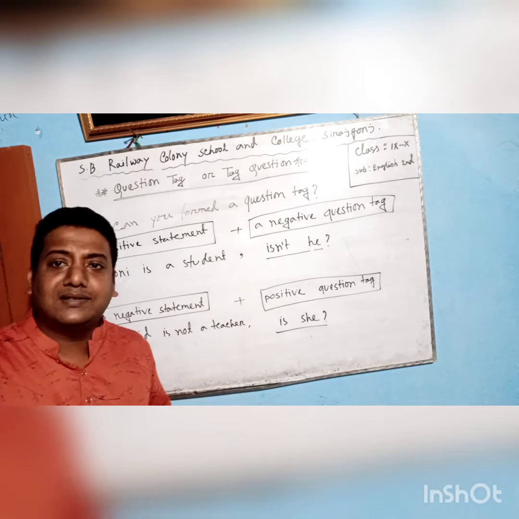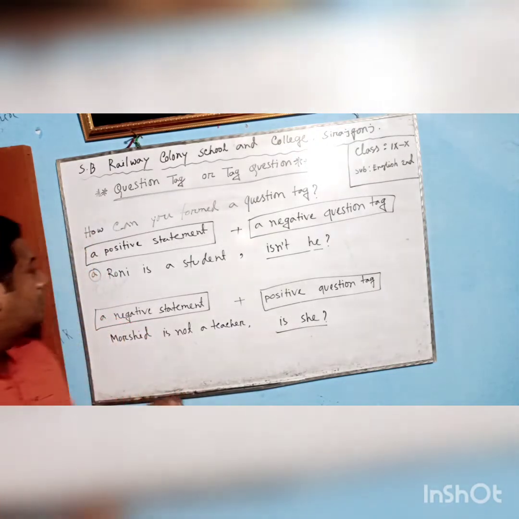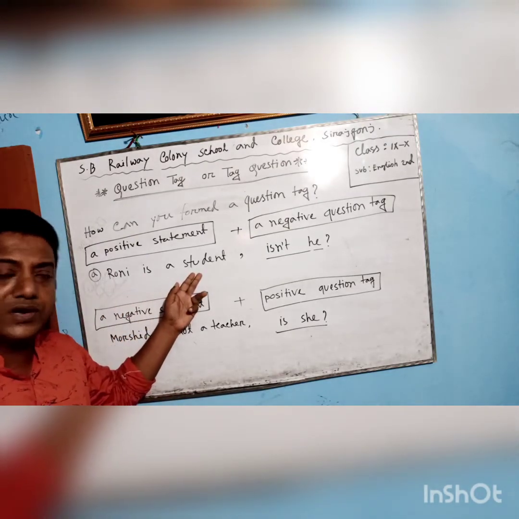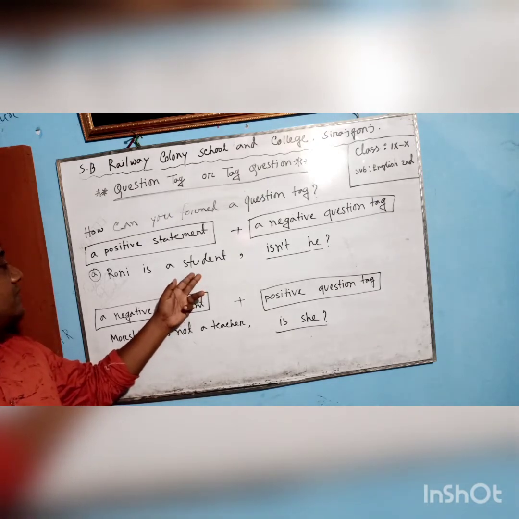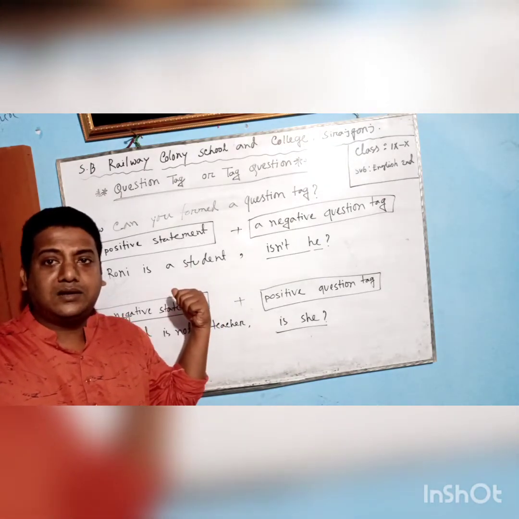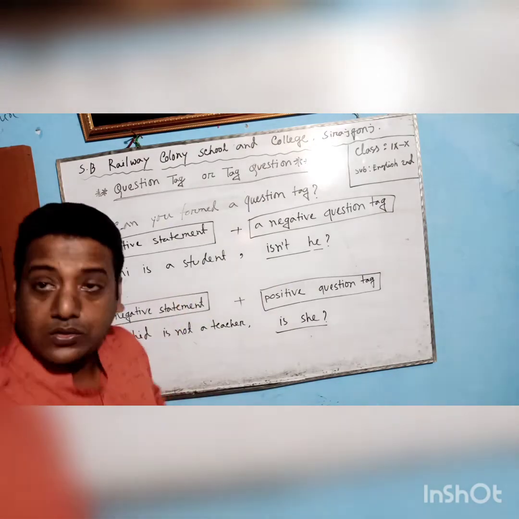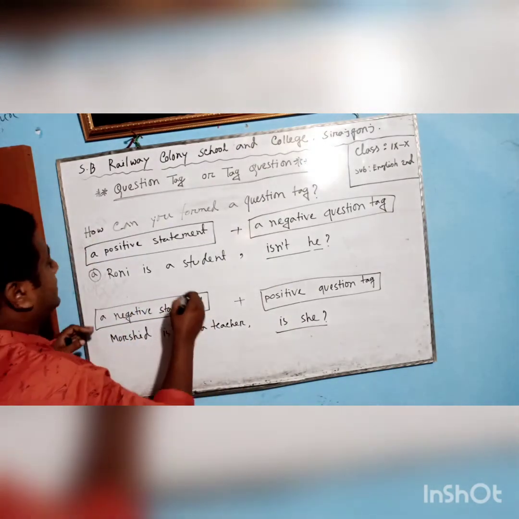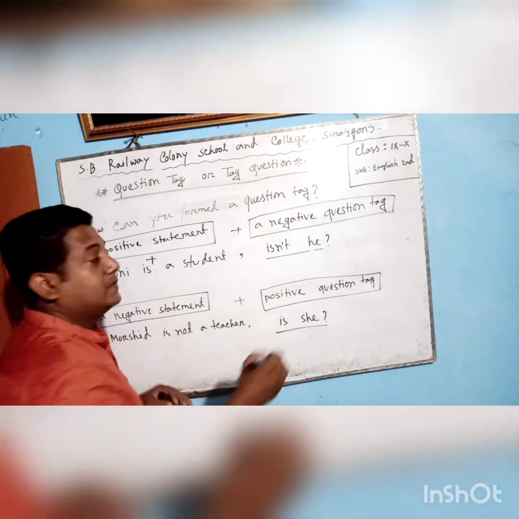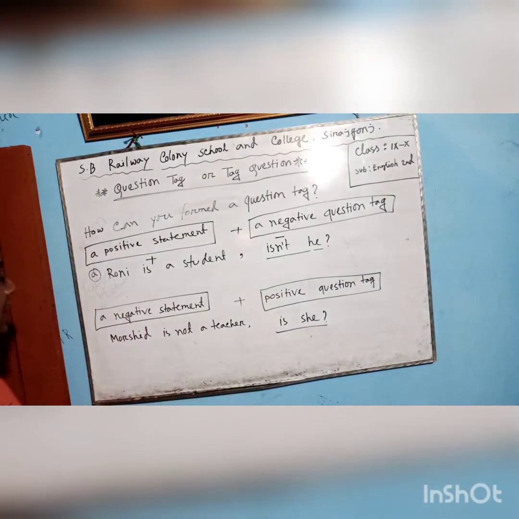My dear students, you can see I write down two examples. One is Ronnie is a student. This is a positive statement. I use the helping verb of the statement, is. Here is no negative, that means this is positive, and I use negative in the tag.